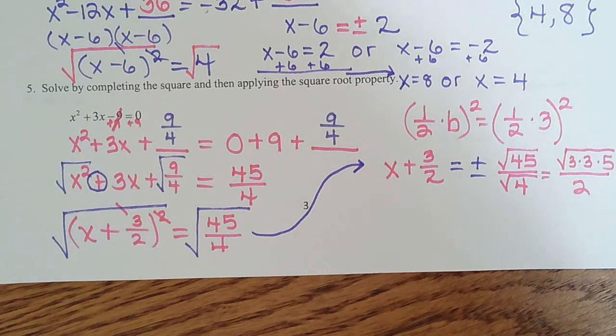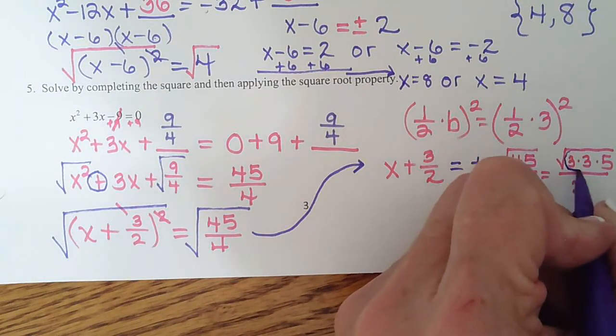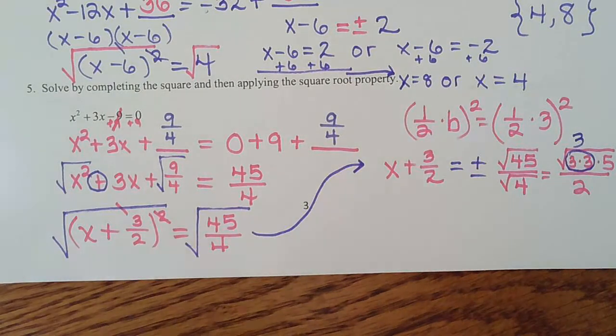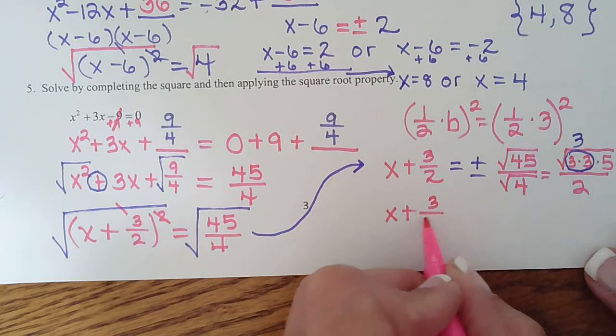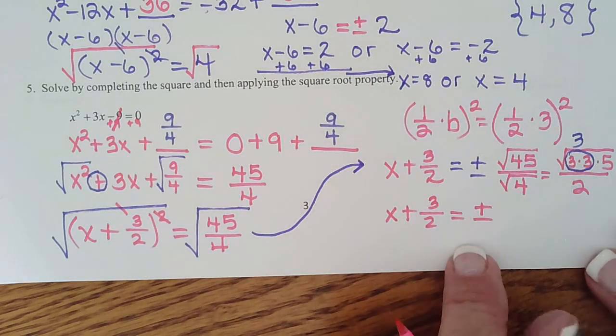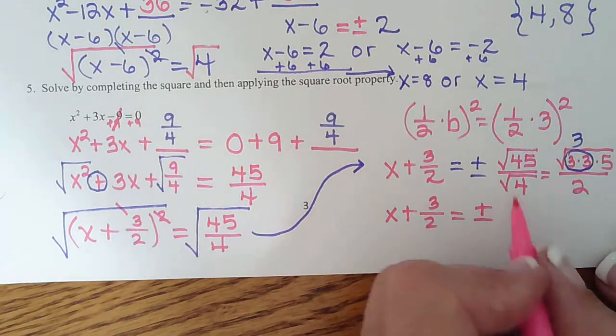So that is what? 3 rad 5? So now our new problem is x plus 3 halves equals plus or minus, don't lose that, 3 rad 5 over 2.